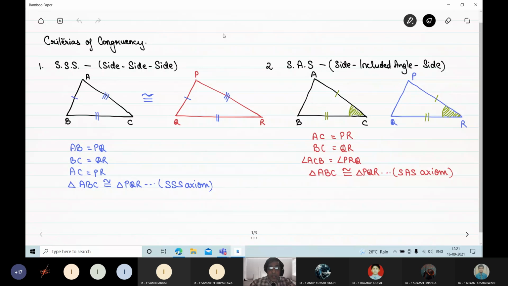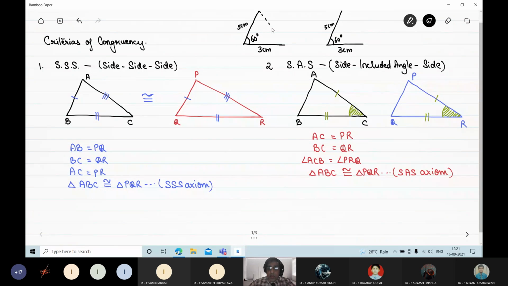क्योंकि अगर आपके पास दो कॉरेस्पॉन्डिंग इक्वल एंगल्स हैं, लेट्स से आपने दो इक्वल एंगल्स बनाए 60-60 डिग्रीज के, ठीक, ये भी 60 डिग्री है और ये भी 60 डिग्री है। अगर आप इस एंगल के दोनों जो आर्म्स हैं दोनों की लेंथ कॉरेस्पॉन्डिंग लेंथ सेम कर दो, लेट्स से दिस इज 3 सेंटीमीटर, this is also 3 centimeter, let's say this is 5 centimeter, this is also 5 centimeter.